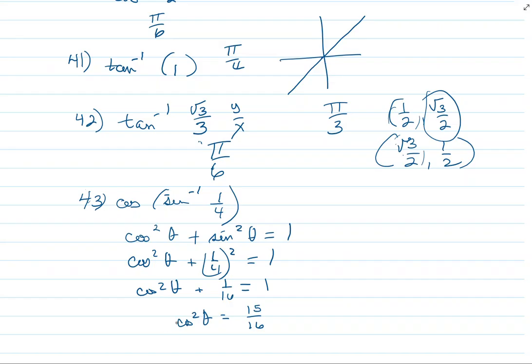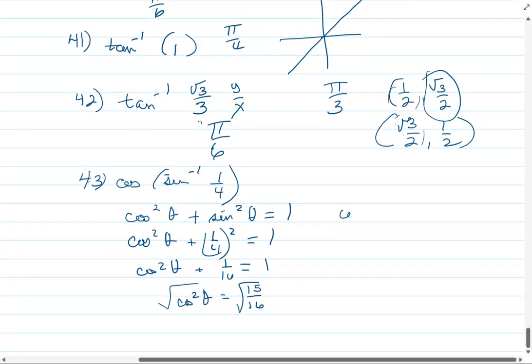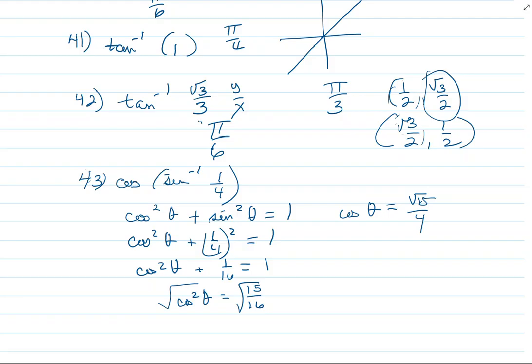I'm going to take the square root, and that's going to give me cosine of theta equal to the square root of 15 over 4. Is that good?